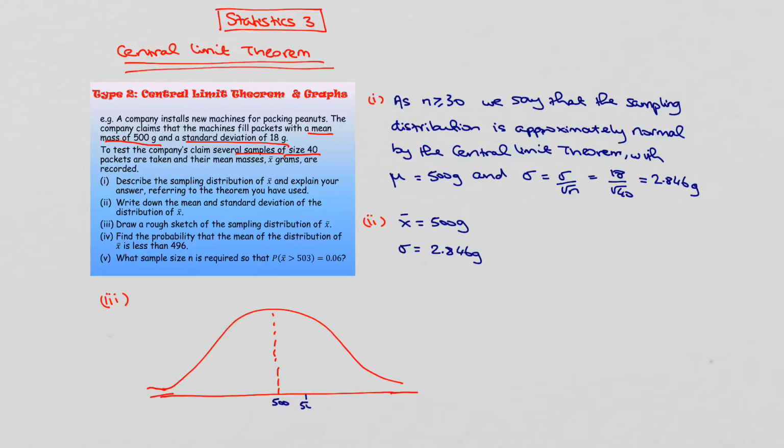So that's going to be 502.846. If I go 2 deviations away from the mean, that's going to be 505.692. And if I go 3 deviations away from the mean, well, that's 508.538.